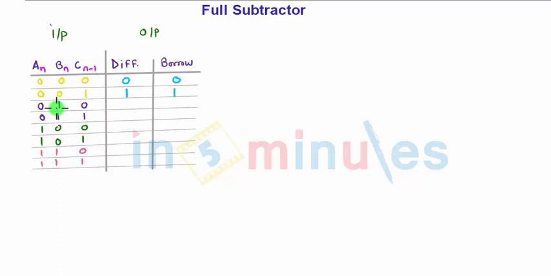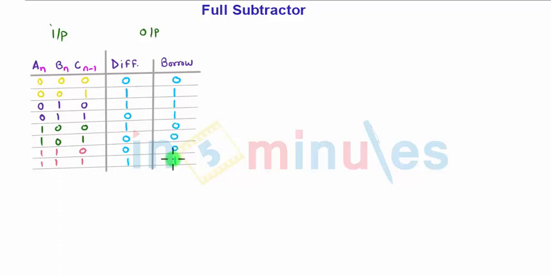Third one 0 1 0, difference 1, borrow 1 generated. 0 1 1, the final difference is going to be 0, once again borrow generated. 1 0 0, difference is 1, and no borrow generated. 1 0 1, difference is 0, no borrow generated. 1 1 0, difference is 0, no borrow generated. 1 1 1, the difference is 1 and once again borrow is generated.